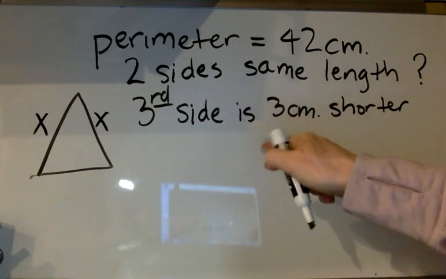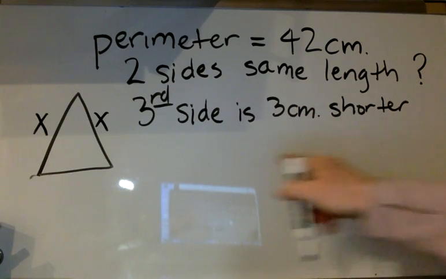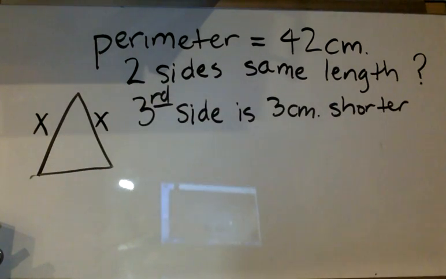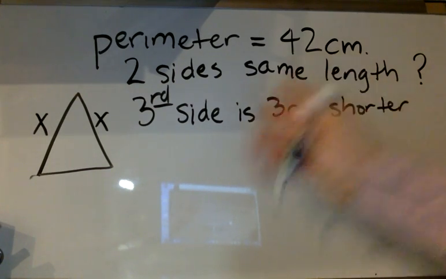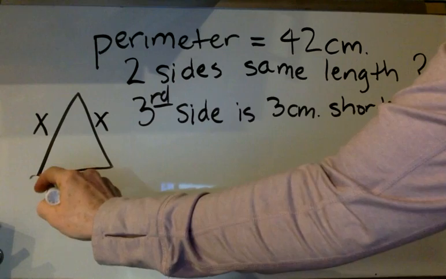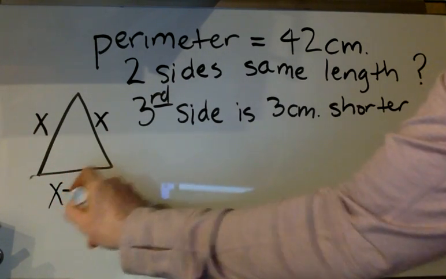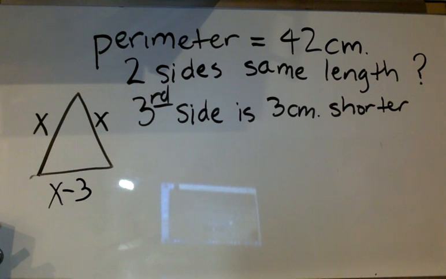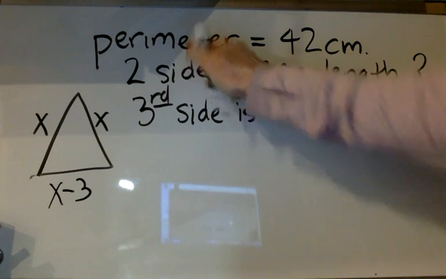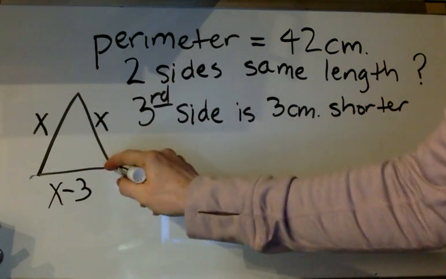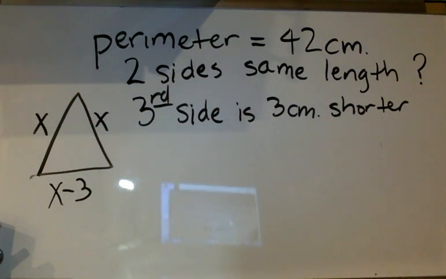The third side is 3 centimeters shorter than this. So a variable expression for 3 centimeters shorter than this is going to be this length minus 3 centimeters. So those are the 3 side lengths. And perimeter is all 3 side lengths added together.